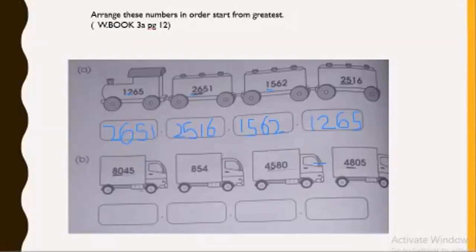The next example is something, my students, that you all are going to solve by yourself, but I will just explain it to you. Let's read the numbers. 8,045. The next value is not in thousands, it is in hundreds.